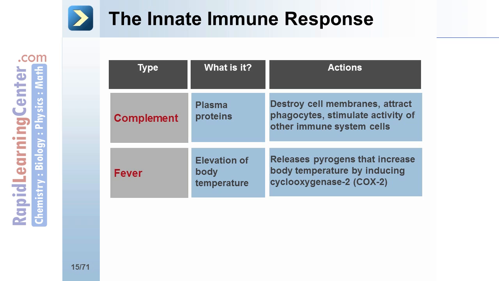While the mechanism underlying this benefit is not completely understood, some studies suggest that some immune functions are enhanced during fever. Fever is triggered by the release of pyrogens that increase body temperature by inducing cyclooxygenase 2, or COX-2, an enzyme that produces prostaglandin PGE2, which triggers the fever response in the preoptic area of the hypothalamus in the brain.